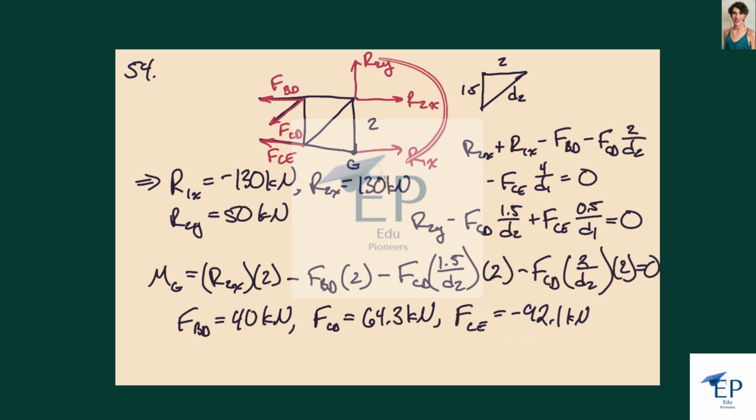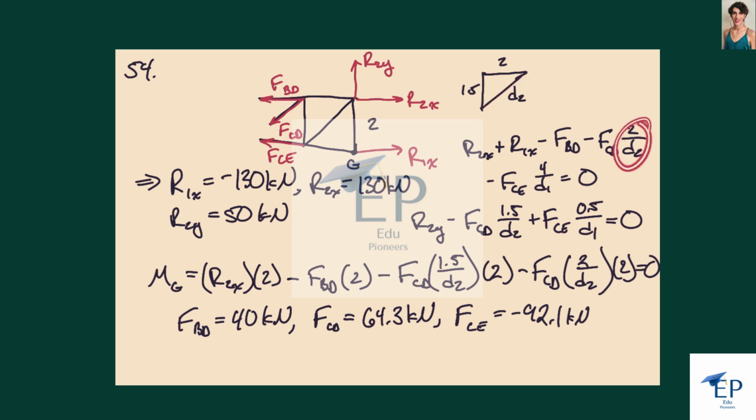So we do force and moment balances on this guy. In the x direction, we have R2x, R1x. Those will cancel out actually. And then minus FBD minus the x component of FCD, and this triangle here is 1.5 meters by 2 meters, and then the hypotenuse is d2.